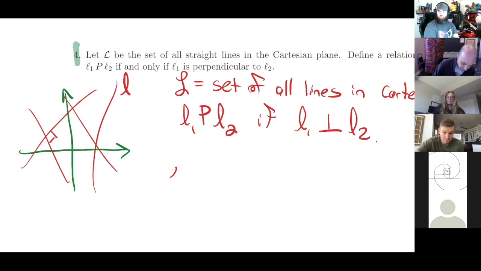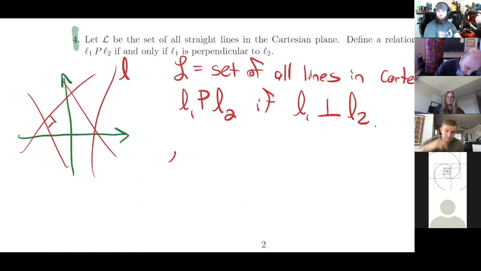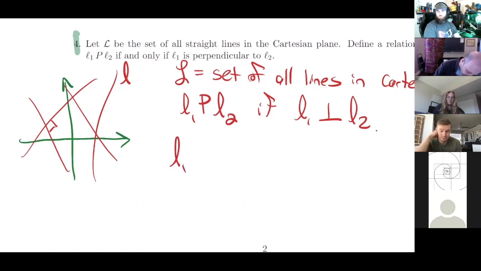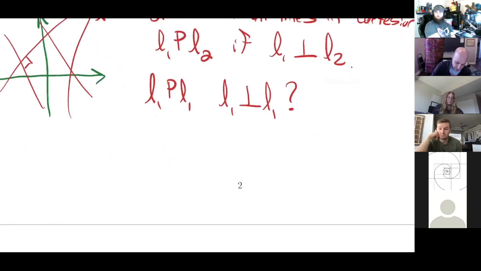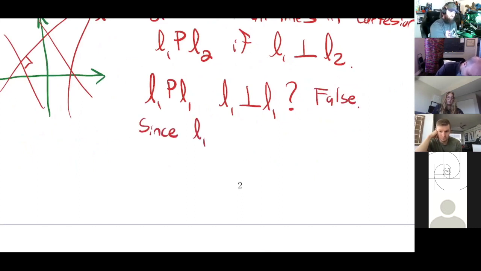So in order for this to be reflexive, L1 would need to be related to itself. Any line is going to have the same exact slope as itself, so it's parallel to itself, but any line is not going to be perpendicular to itself.